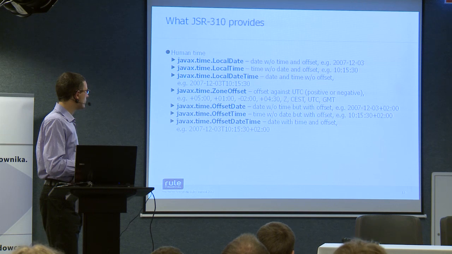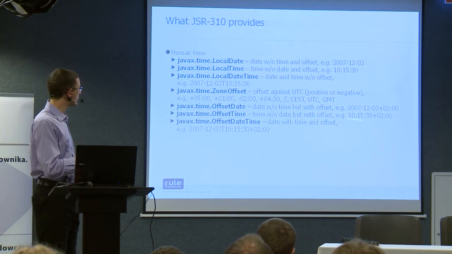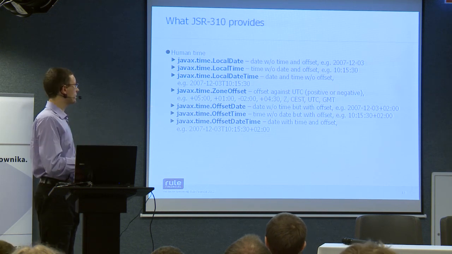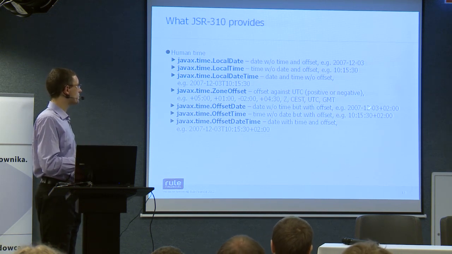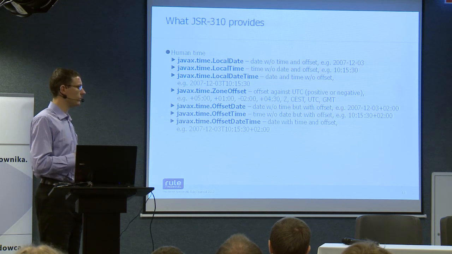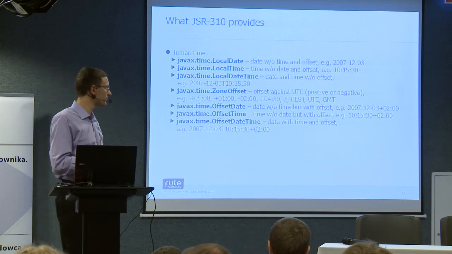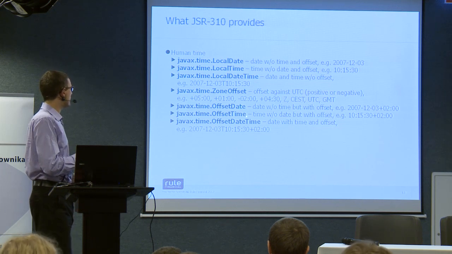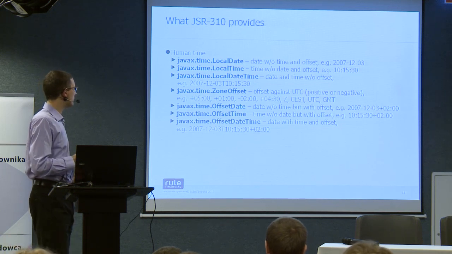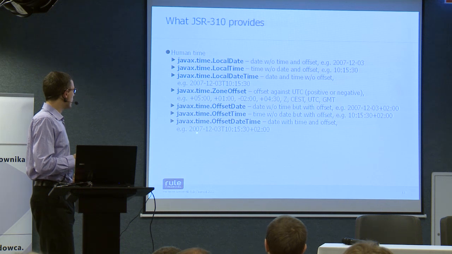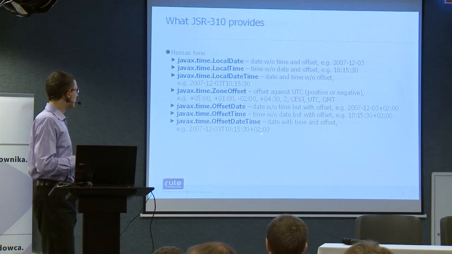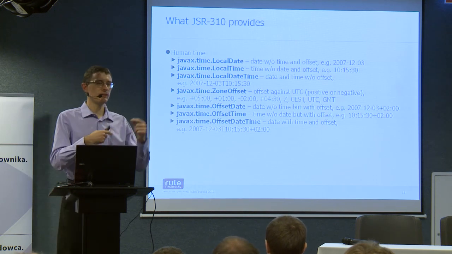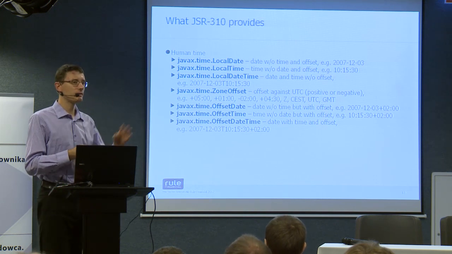So again, can you map those classes onto an Instant, onto machine time? Again, you cannot, because there is some information missing. Here there is no time, here there is no date. And if you combine those two with the same offset, you will get OffsetDateTime. So date, time, and the offset. And this is the first class for which there is a direct link between this class and Instant.